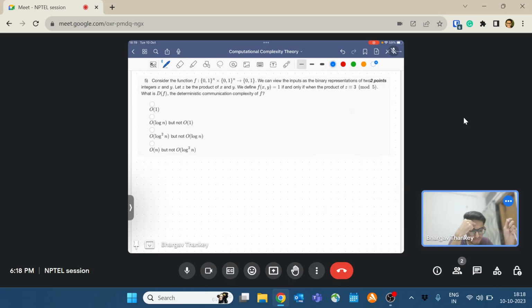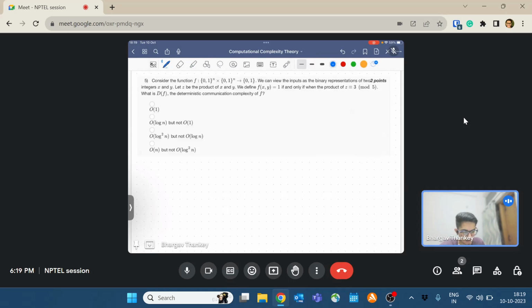We define f(x, y) equals 1 if and only if z equals 3 mod 5. What is D(f), the deterministic communication complexity of f? The options are order 1, order log n but not order 1, order log squared n but not order log n, and order n but not order log squared n.